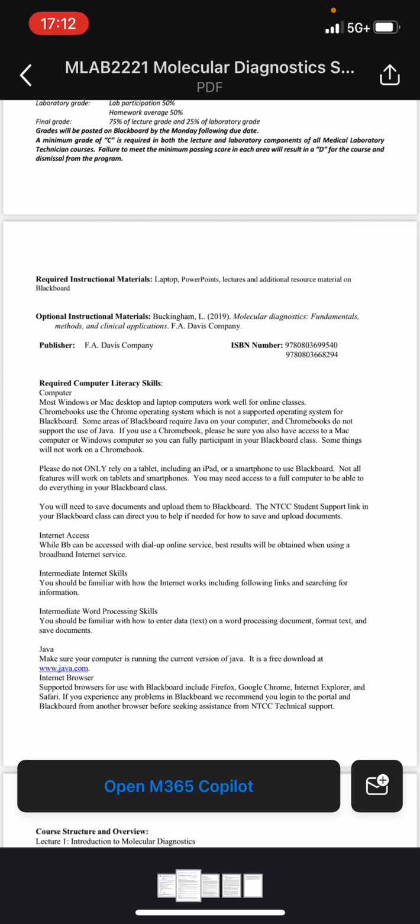So pretty much Mr. Barrett in the past had put together just little lecture Word documents of what you really need to know. It's just basic stuff. But if you are super interested in molecular diagnostics, I do have a couple of these Leela Buckingham books that you could borrow if you want to.